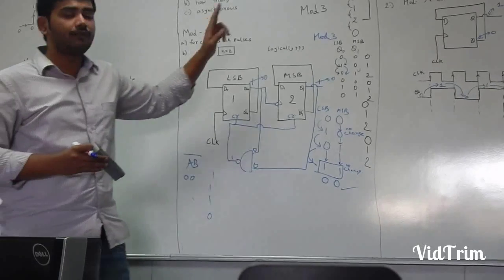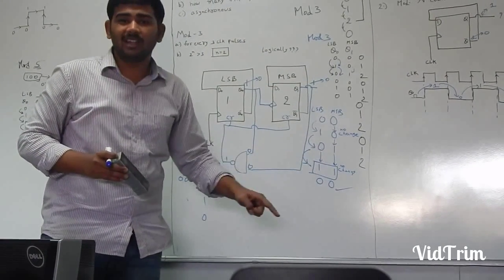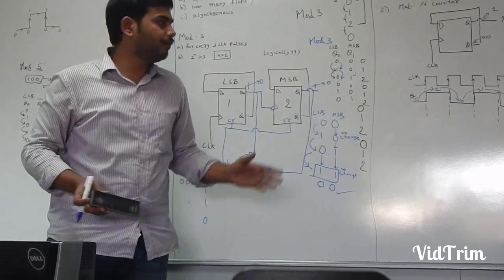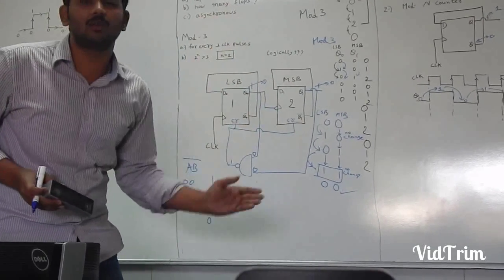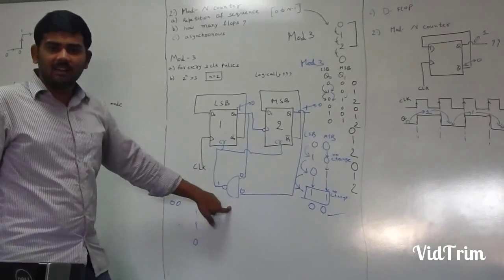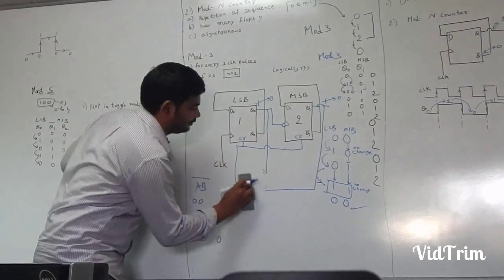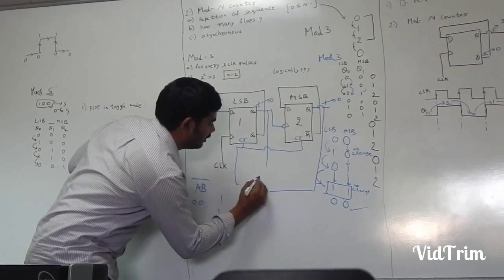Our requirement is that after n-1 states, means after 2 only, the next state should be cleared, so that after n clock pulses the sequence repeats. So can I use a NAND gate here? No. So what if I use an OR gate?